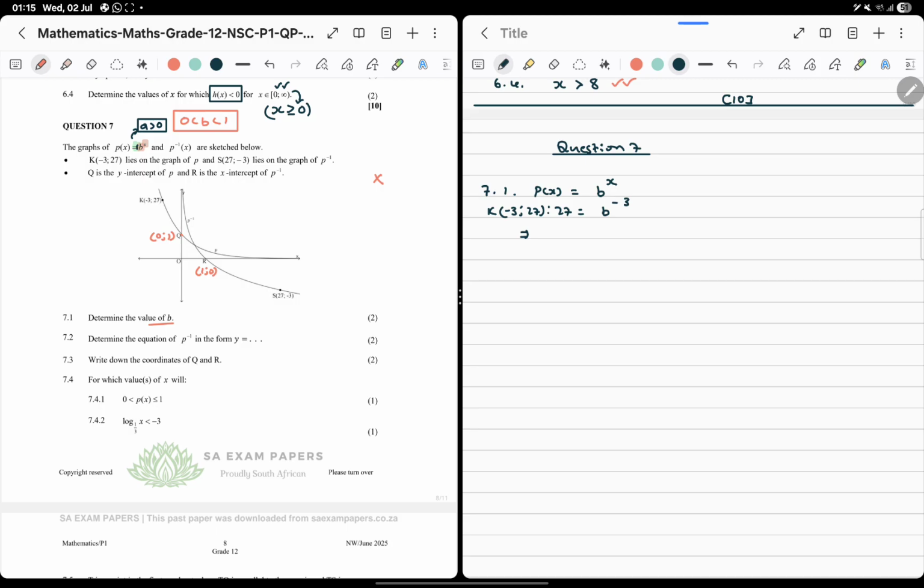So this implies that we have 27 equals 1 over b cubed. So this is 27 over 1. So I just want to do some algebra. Remember, guys, let your brain work sometimes. Do not allow it to laze around. So b cubed is going to be 1 over 27.